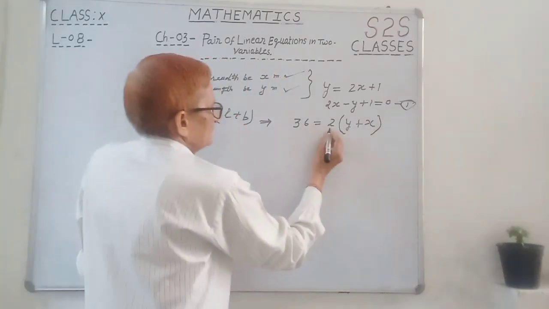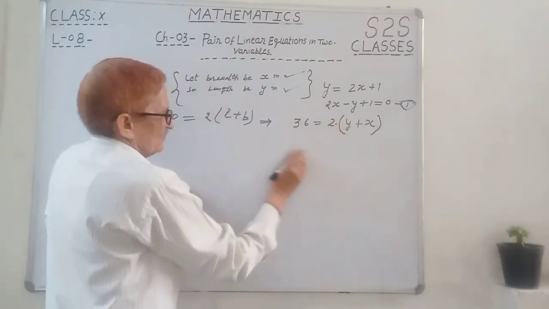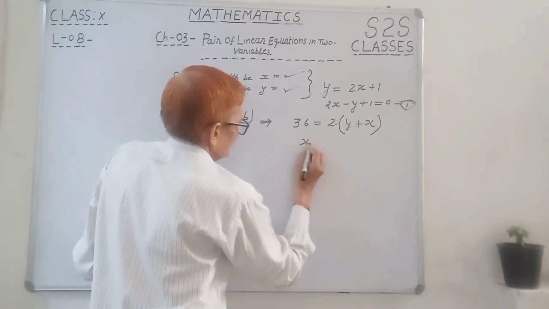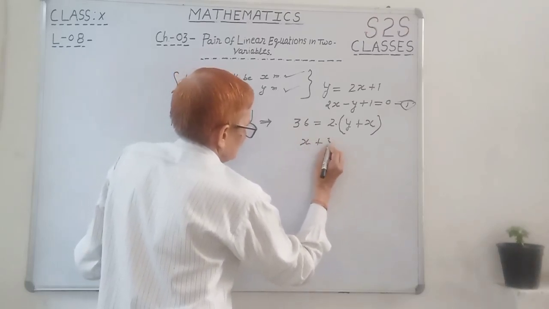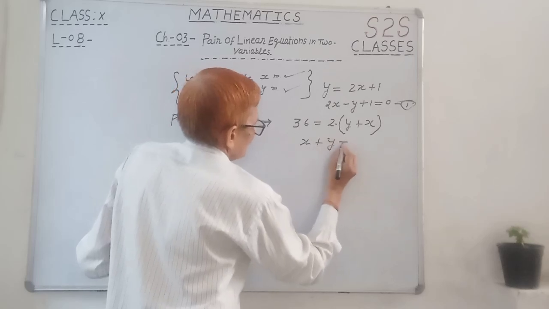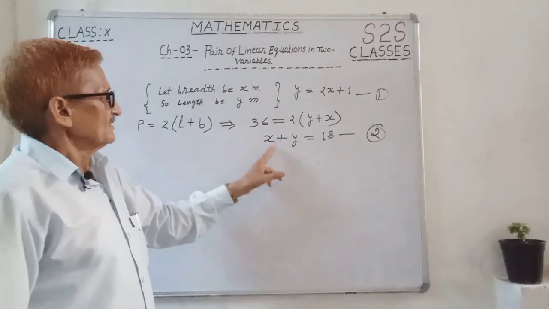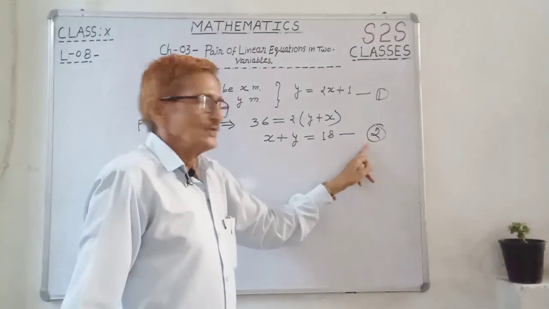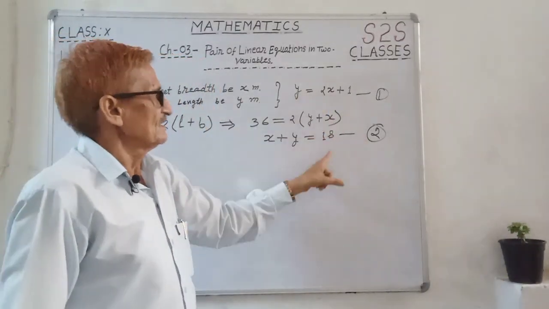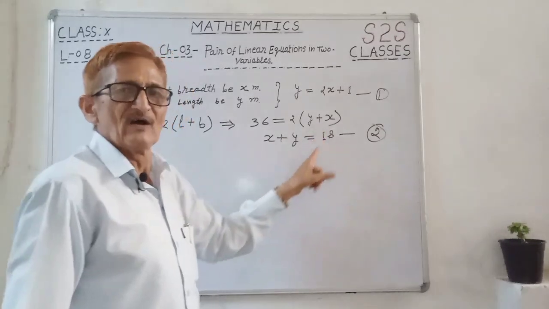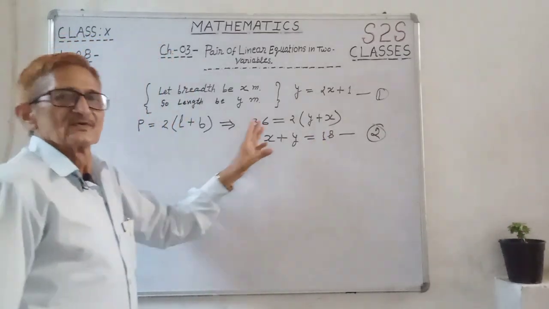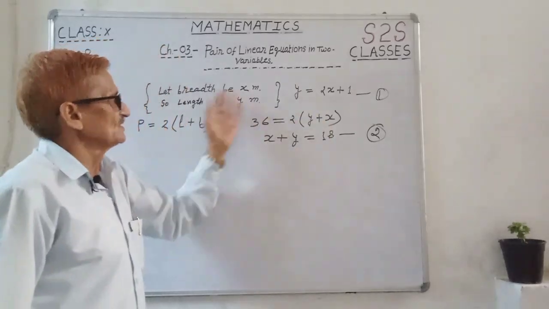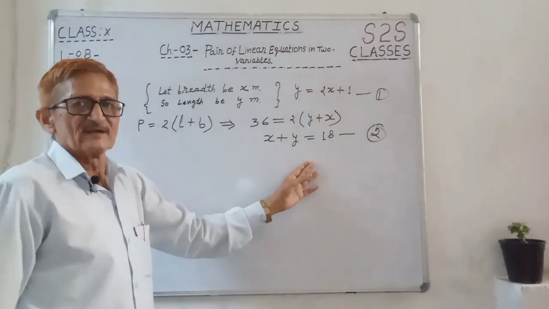To simplify this, divide both sides by 2, then 18, so x plus y is equal to 18. This x plus y equal to 18 is equation number 2. Now these two linear equations we have shown algebraically, this situation algebraically up to here.